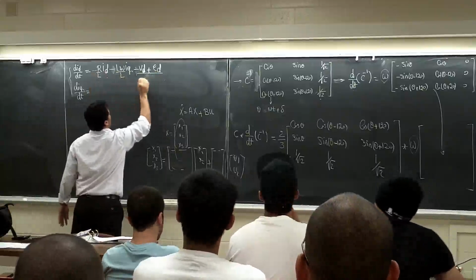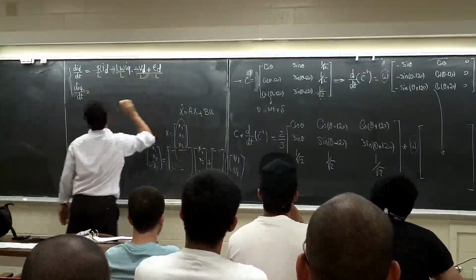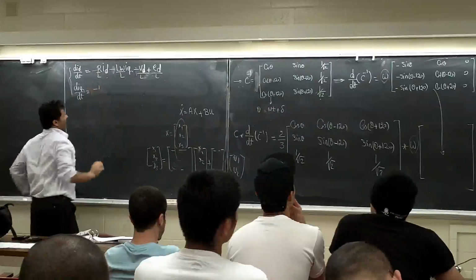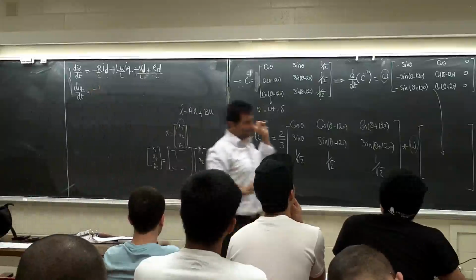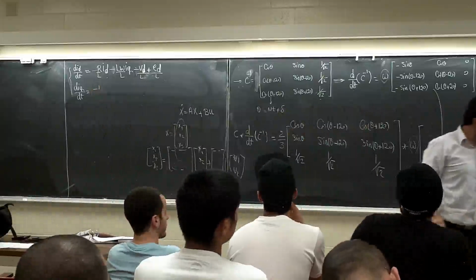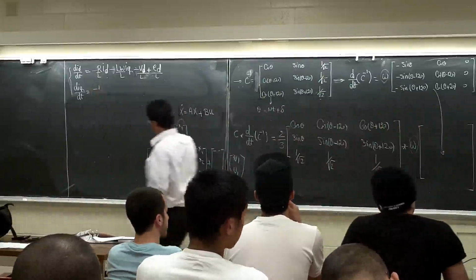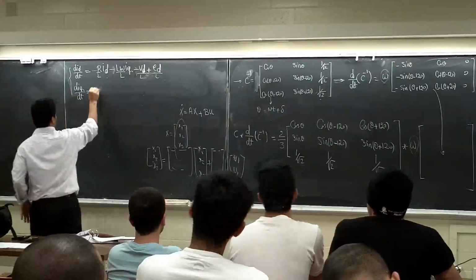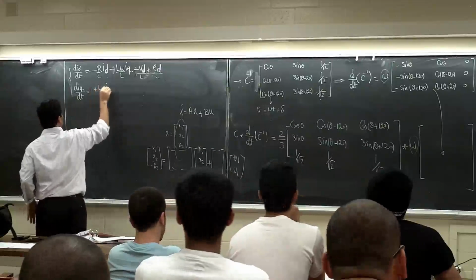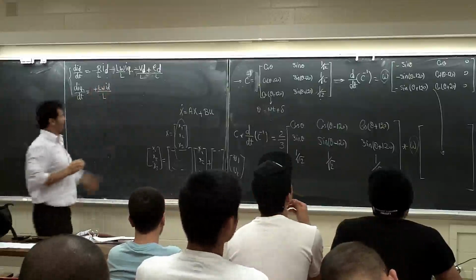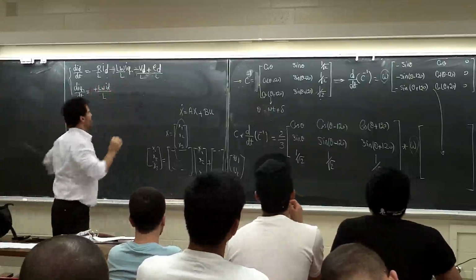Let's put it one by one. Start with the term ID. What's that? Minus R ID over L, plus L omega IQ over L. And the next one I'm going to put is IQ.